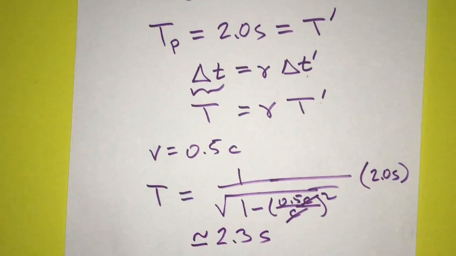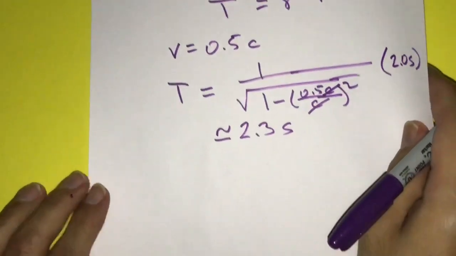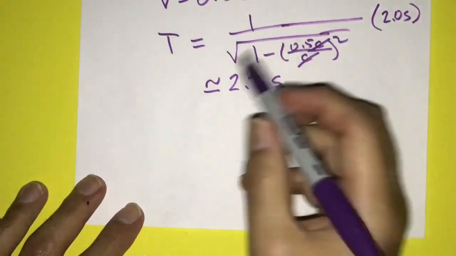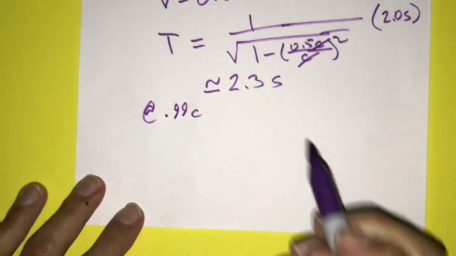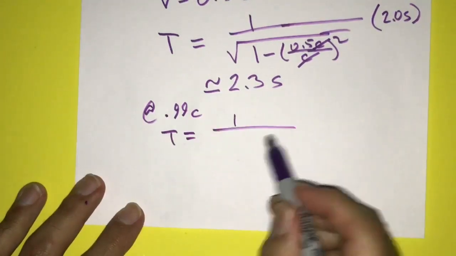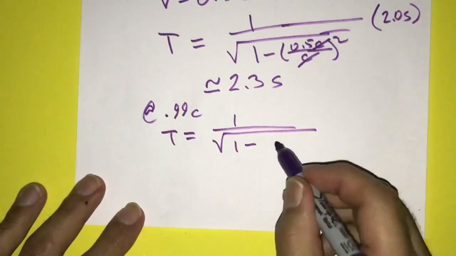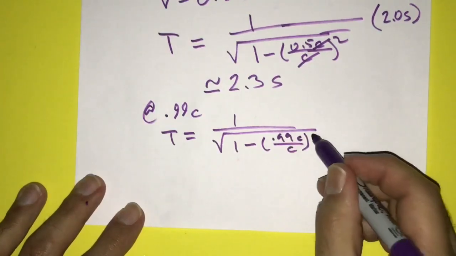Okay, now let's take another look. Say we observed this to now move at 0.99 times the speed of light. So now we should measure this to be 1 over the square root of 1 minus (0.99 c over c) squared.